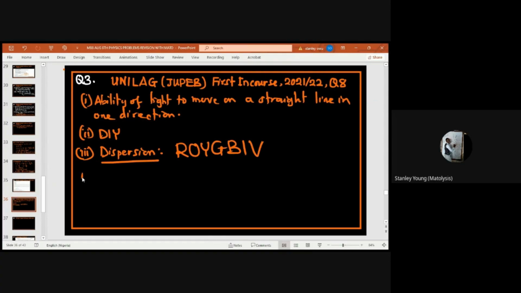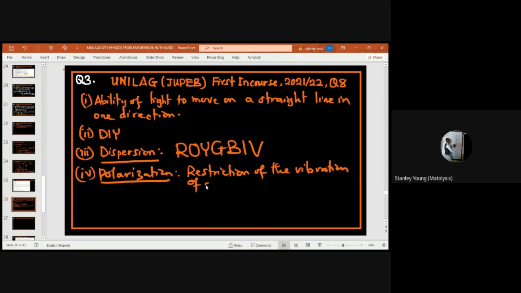Polarization. Polarization of a wave. I've talked about this initially. We said that it is the restriction of the vibration of a wave to a plane.